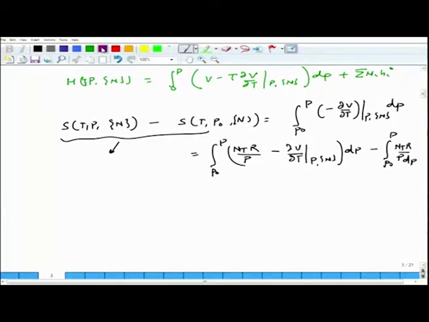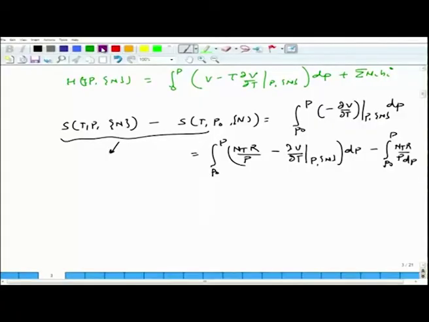We can go back to the original definition of entropy in the differential form and now assume that to be for an ideal gas mixture. So dS is minus del V by del T at P, n, dP.